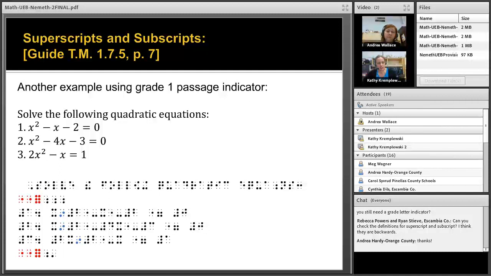So they have this red cell, and this went with the technical guidelines, section 1.7.5. When entire worked examples or sets of exercises are enclosed in grade 1 passage indicators, the grade 1 indicators can be preceded by the use indicator. That's the dots 5-5 followed by the full Braille cell.